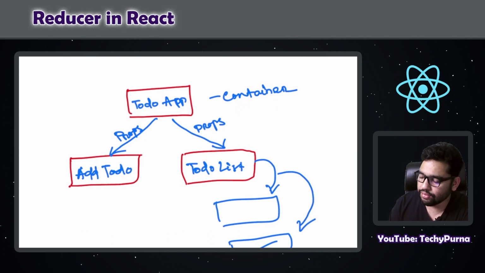Even if there is no use of properties in this component, we are still passing them through because we need those props in one of the child components. So just to avoid these things, we are using context.